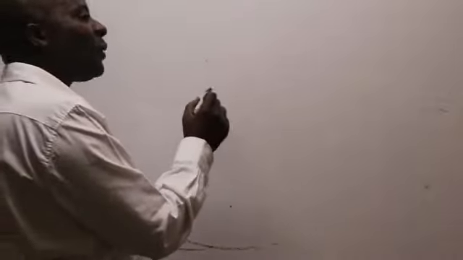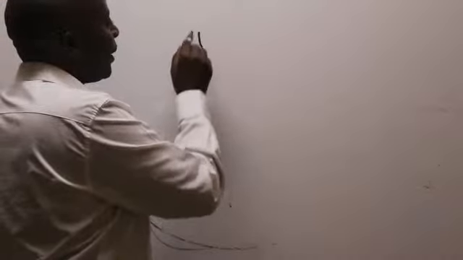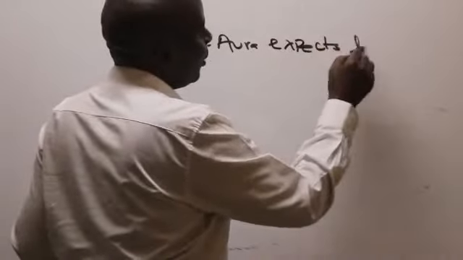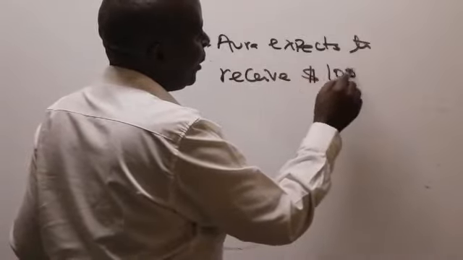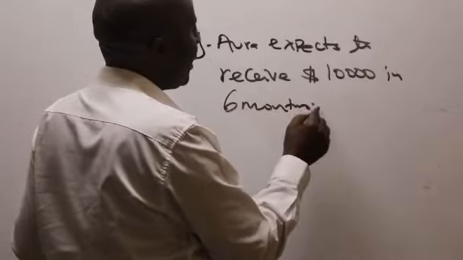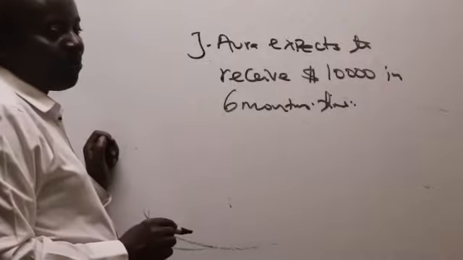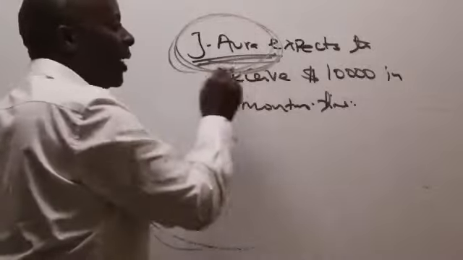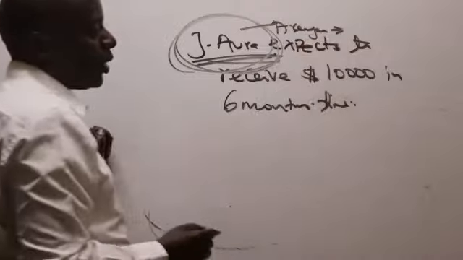They call me, you know what, Mwalimu? We shall give you 6. So in this case here, Jaura expects to receive US dollars 10 million in 6 months' time. I've decided to use Jaura because all of us know that this guy here is a Kenyan, with what here? Of course, Kenya shillings.